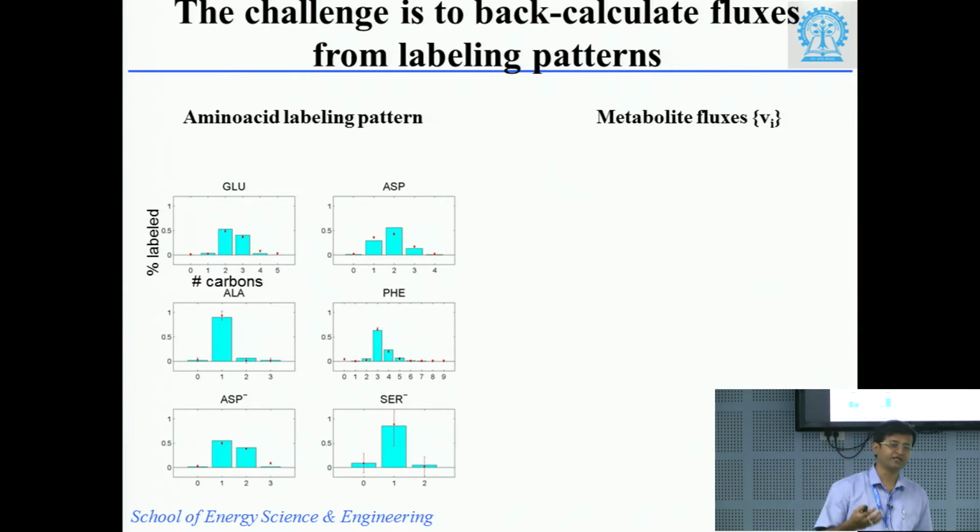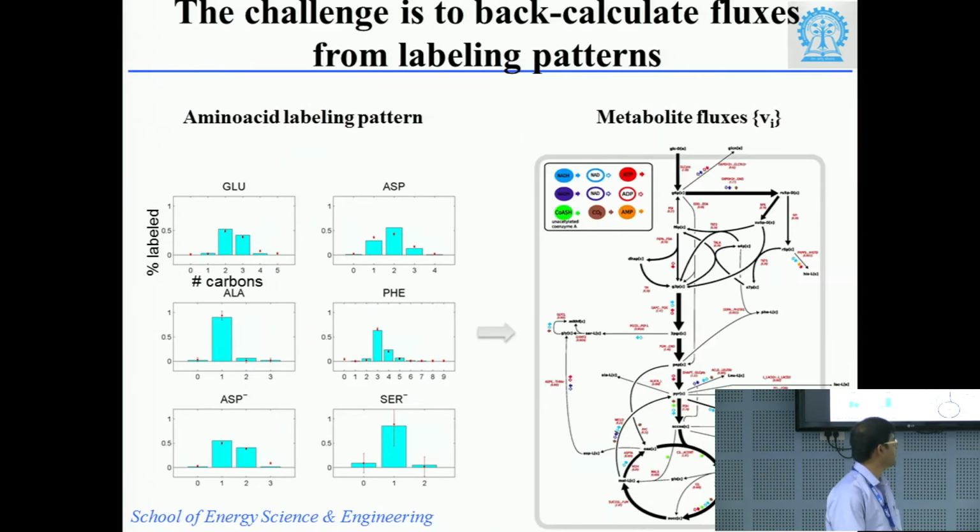Since the cell has grown on a labeled glucose, all the amino acids will also be isotope labeled, and from here you want to actually measure the metabolic fluxes. The entire MFA formulation utilizes this amino acid labeling pattern, and finally it will give you the fluxes, and the fluxes are mainly in the central metabolic networks that are considered.